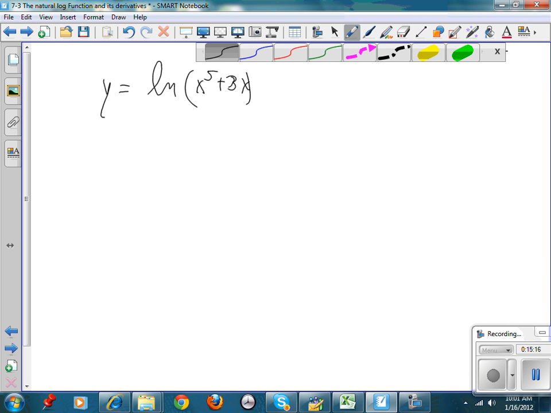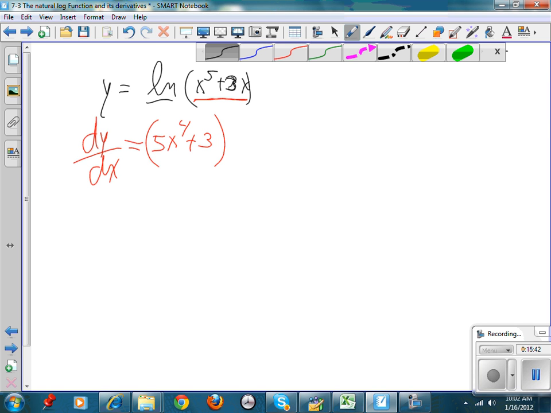Getting sloppy in my speed here. That's a 3, believe it or not. And I'm going to find dy dx. Well, that's going to be equal to the derivative of the inside, which is 5x to the 4th plus 3.